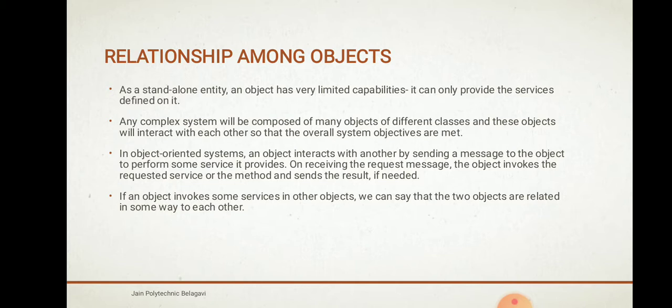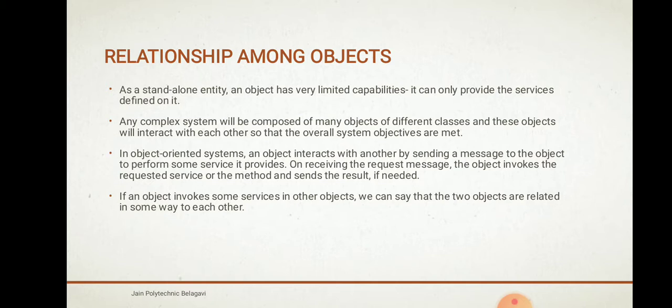In object-oriented systems, an object interacts with another by sending a message to the object to perform some service it provides. On receiving the request message, the object will invoke the requested service or method and send the result if needed. This means that an object is used to call methods as well as receive requests.